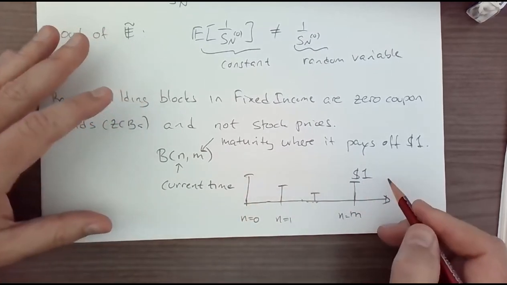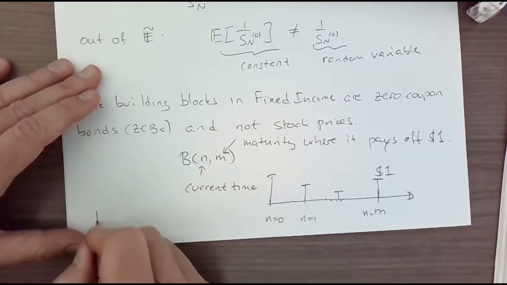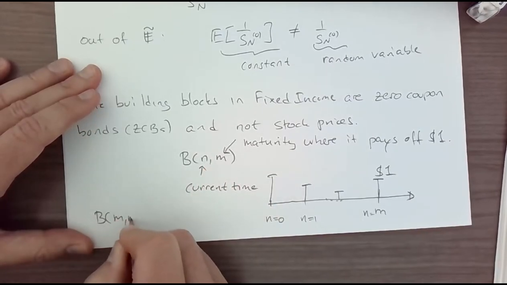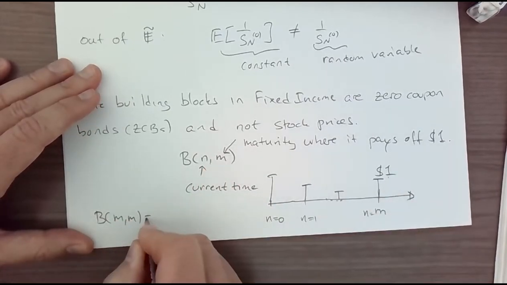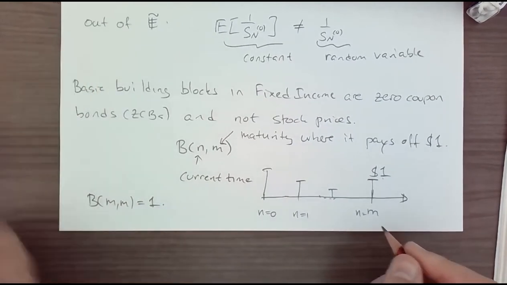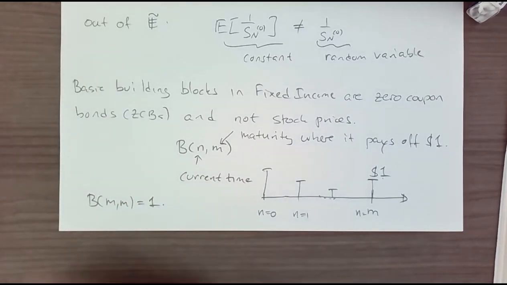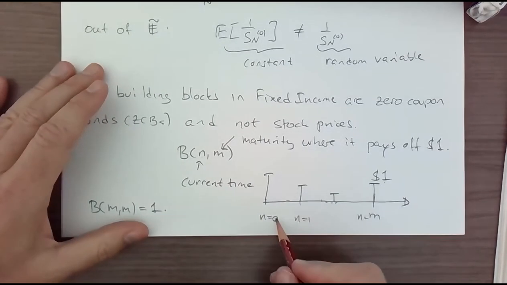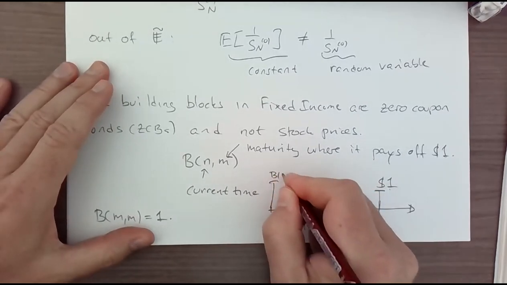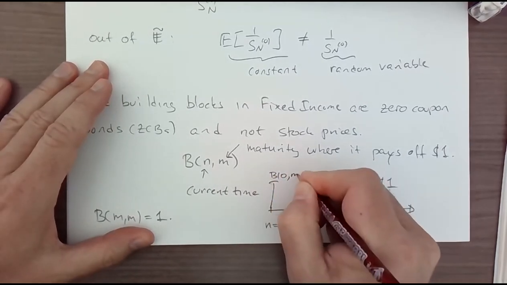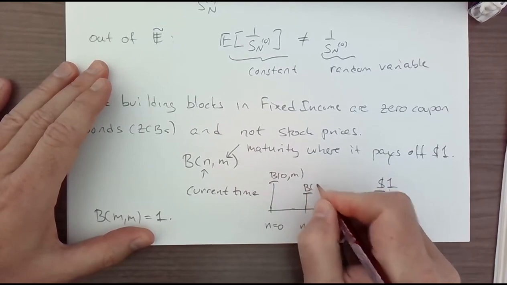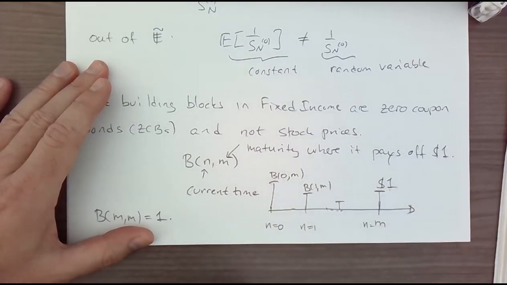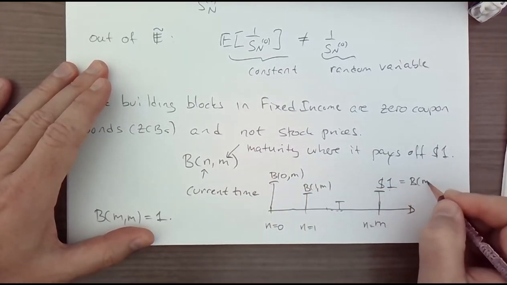At the end, it's $1, so B^M_M is exactly 1. Here we have B^0_M, here we have B^1_M, and this one here is B^M_M.